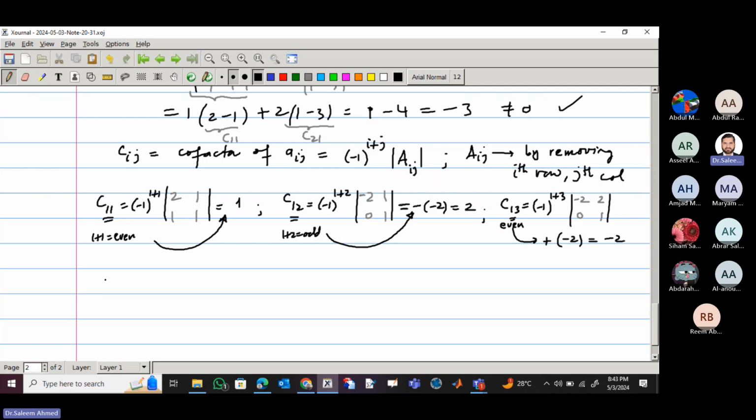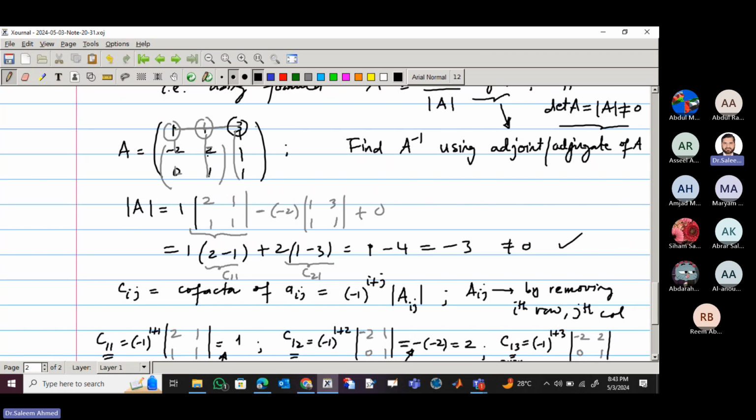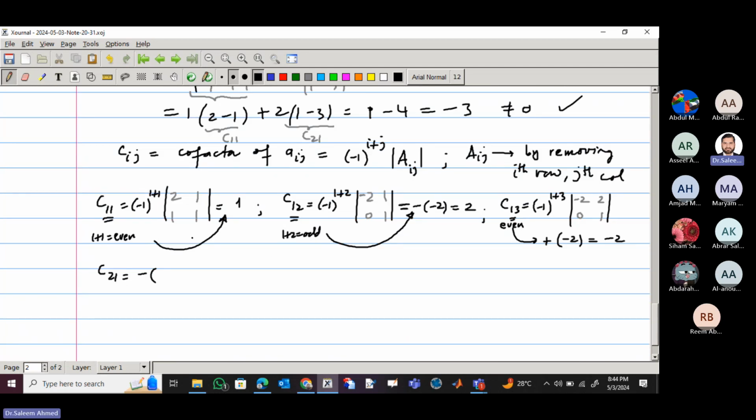Now I will continue. I will write C21. C21 is minus. Minus of 2, 1 is this, right? So this row, this column is gone. So 1, 3, 1, 1. So you can use the pencil and keep erasing. After each cofactor, erase those lines so that you don't make a mistake. 1 minus 3 is minus 2.